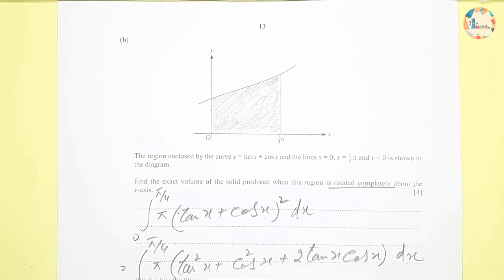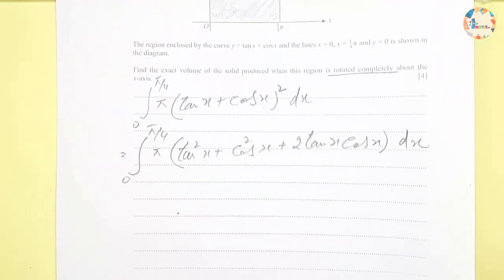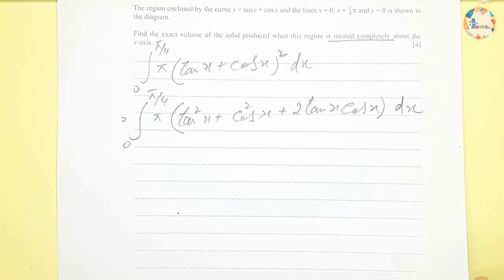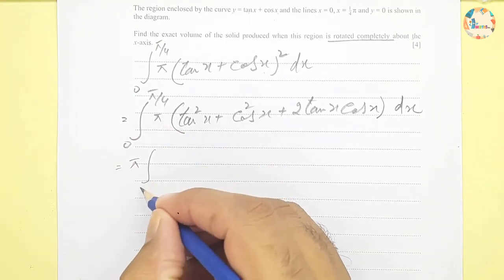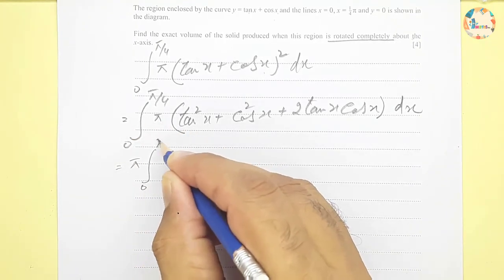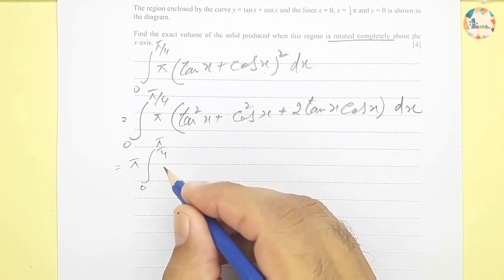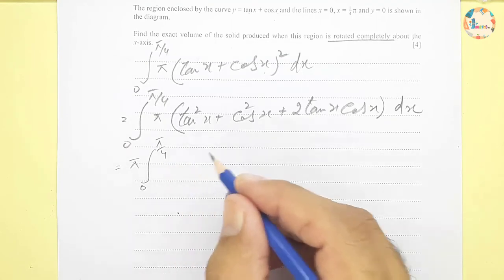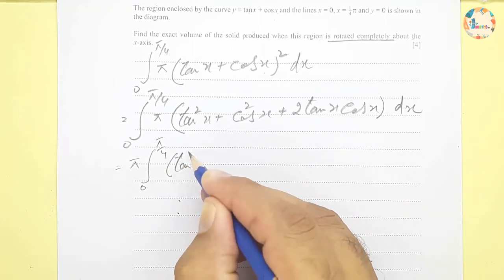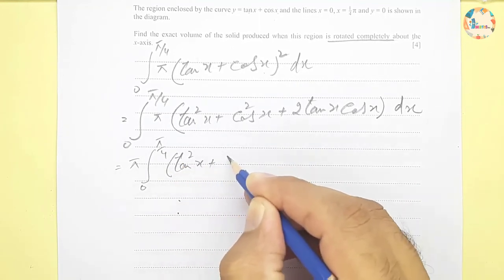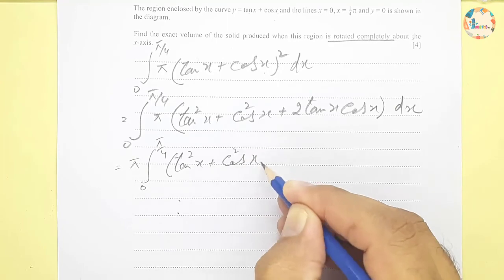After opening the square, we can write pi, integral of 0 to pi by 4, and write this square separately, tan square x plus cos square x dx.